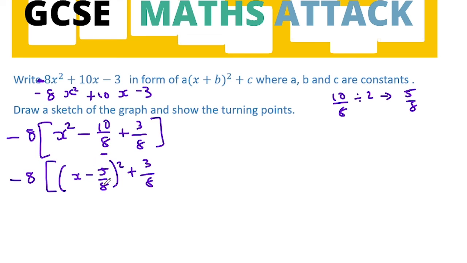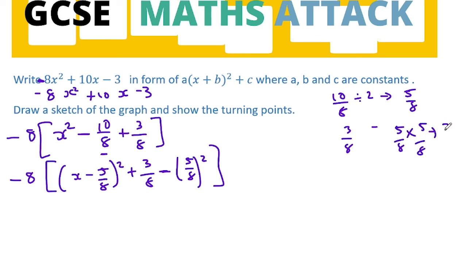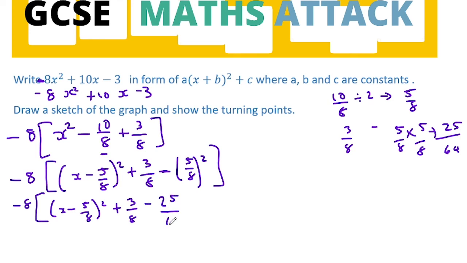Now remember, I need to subtract the square of this. So I need to do 5 over 8 squared, subtract it. So I have 3 over 8 minus 5 over 8 times 5 over 8, which will give you 25 over 64. So it will be minus 8 (x minus 5 over 8) squared plus 3 over 8 minus 25 over 64.